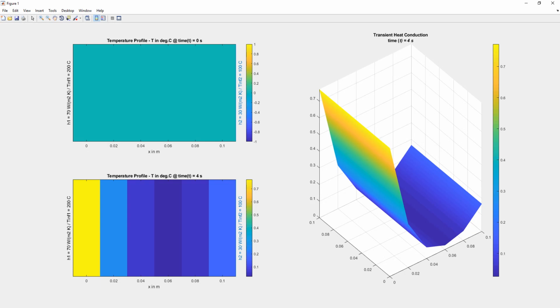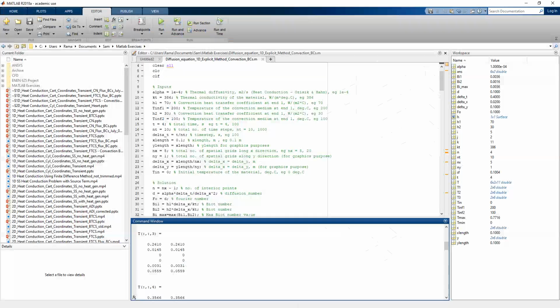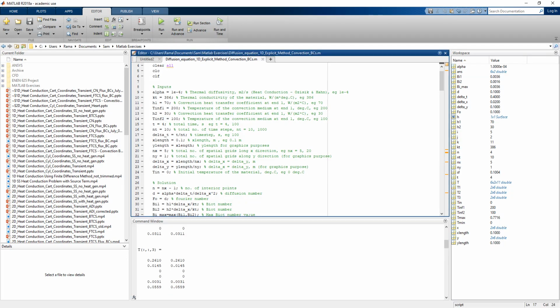On the right hand side we have the animation. Since it's a short time, a total time of 4 seconds, the animation is done. We'll go back and change our parameters here.